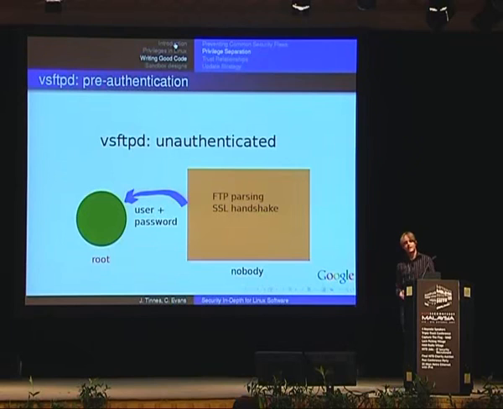A really bad design here would be if this root process took a message from the untrusted end that said, oh yeah, Chris is here, he gave me his password and it was the right one, honest, and I sort of trusted that as the root process and handed out a session as Chris. That would obviously be very bad, because then a compromised process on the right here could just pretend it was whoever it wanted. So the distrust here is that the password validation absolutely happens in this process on the left.